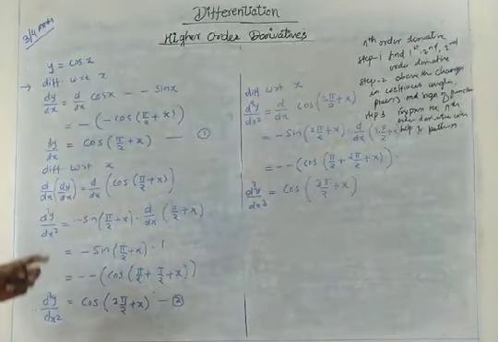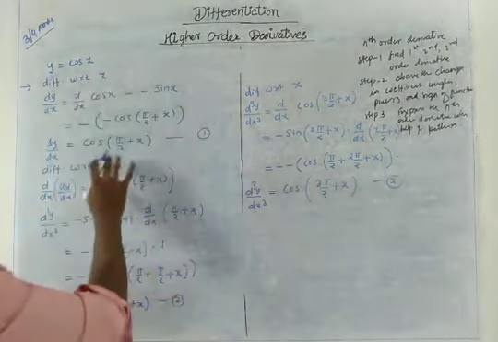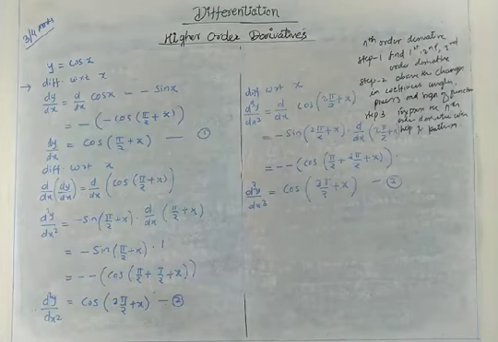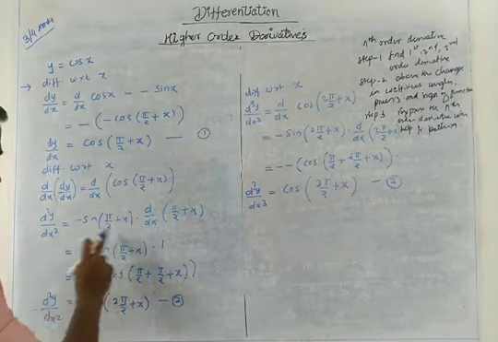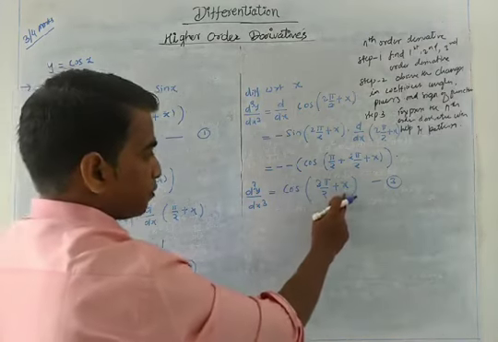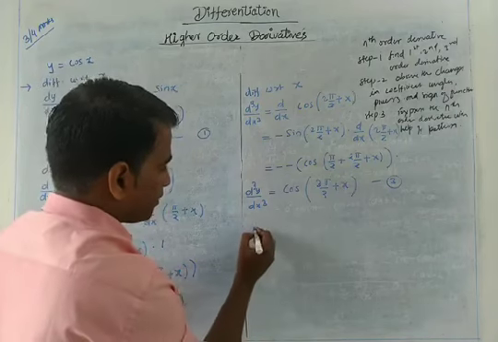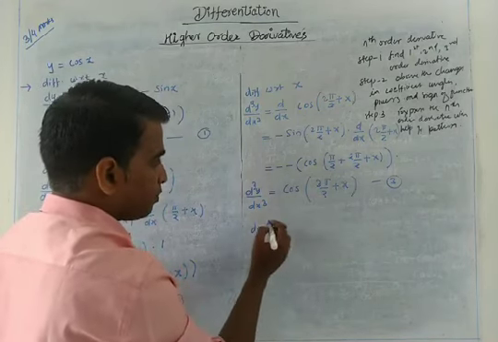So what to understand from equations 1, 2 and 3? In all of them the cos function remains the same, but the first derivative has pi by 2 plus x, the second derivative 2 pi by 2 plus x, the third derivative 3 pi by 2 plus x, so the fourth derivative 4 pi by 2 plus x. Similar way for the nth derivative, n pi by 2 plus x.